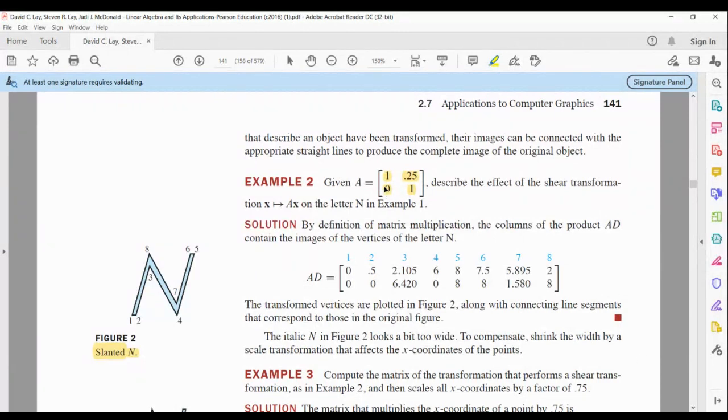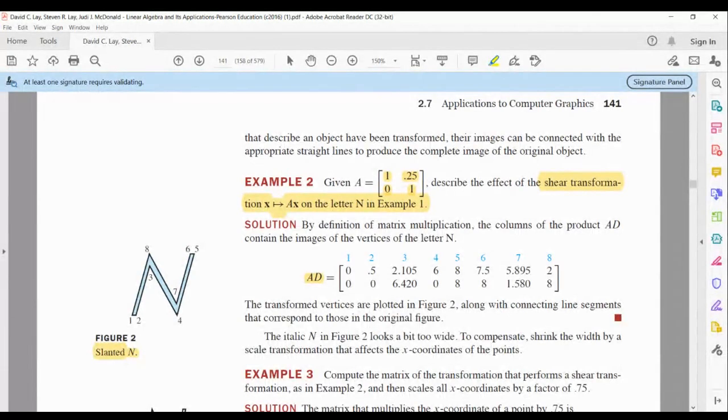The matrix A here, 1, 0.25, 0, and 0.1, you can take A and multiply it by D, and it's going to do a shear transformation. That's the effect of multiplying A by the matrix D. And you see, you can do animation through matrix multiplication.